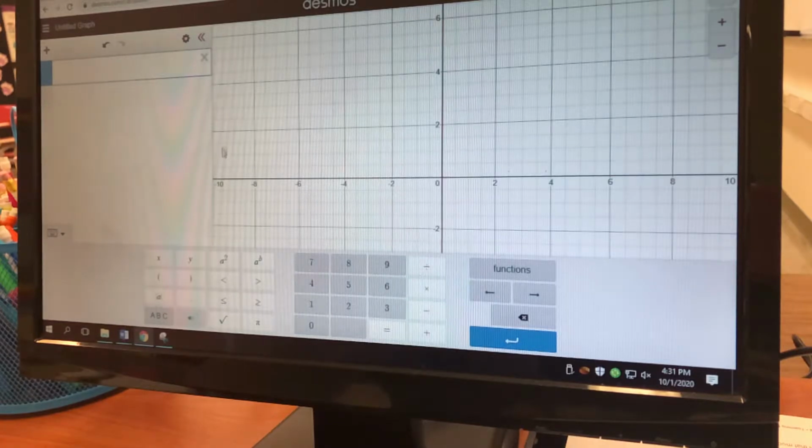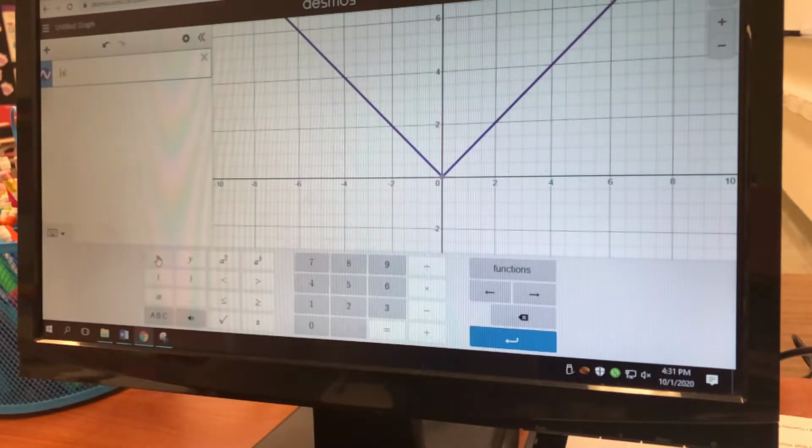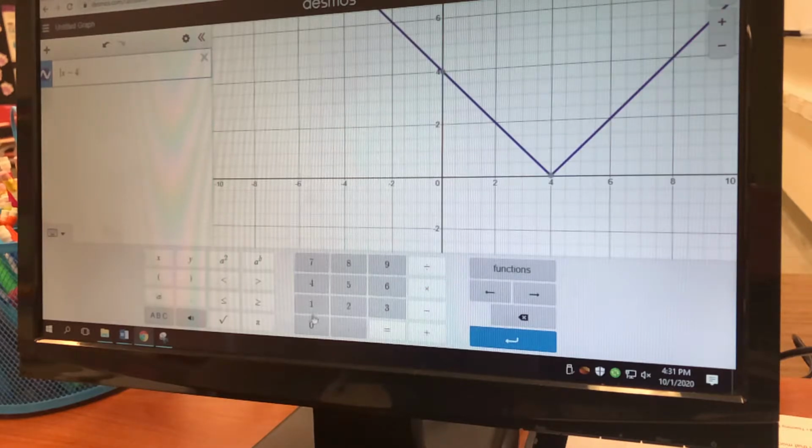And my first graph, here's my absolute value down here, absolute value of x minus 4. That would be my first graph. And then the second graph is 1/2 x plus 1.